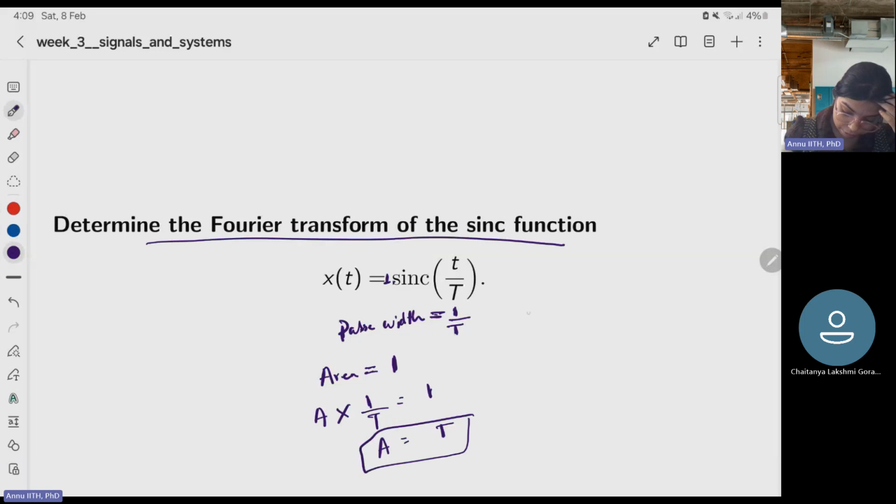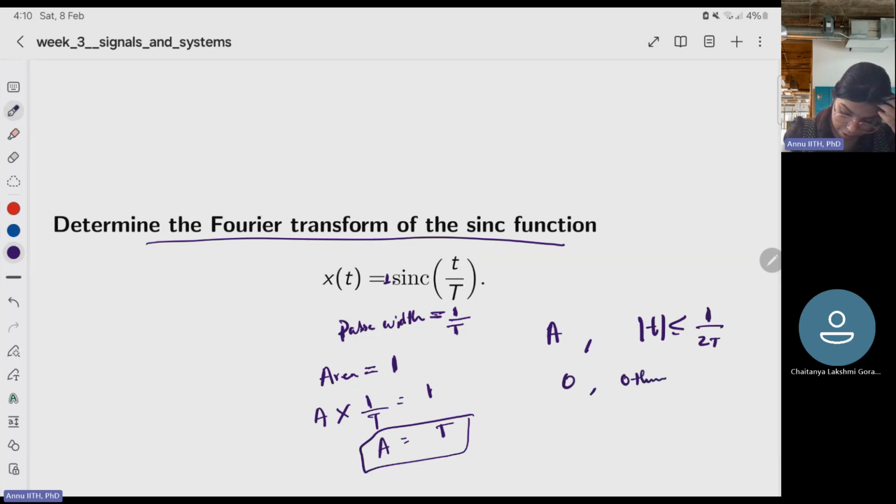So the rectangular will have the amplitude as A, and the pulse width is 1 by T. So it is A for mod of t less than or equal to 1 by 2T, otherwise 0.